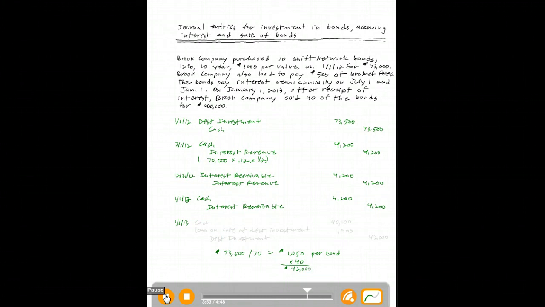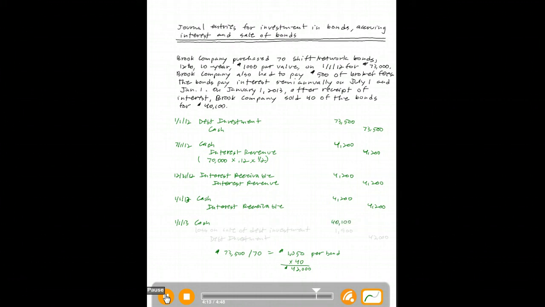is $42,000. So I'm going to debit cash for the sale price, which, as you read up here, it was 40 of the bonds for $40,100. So $40,100 is what I received.